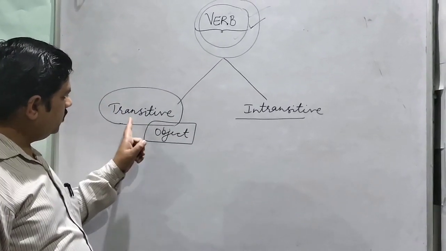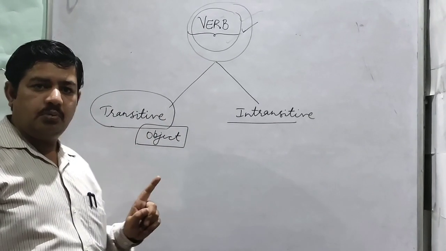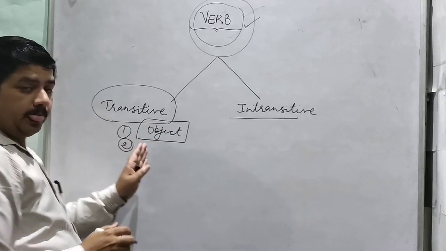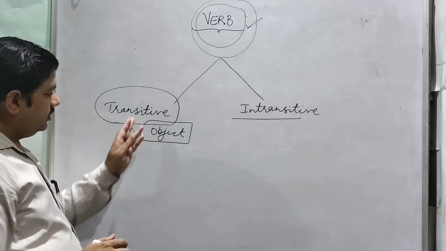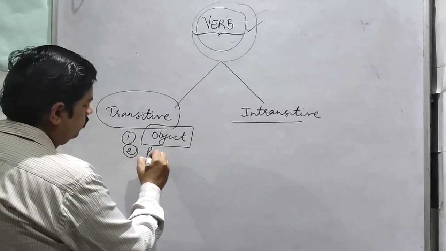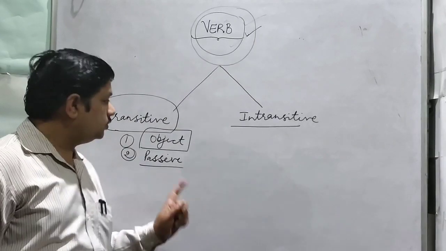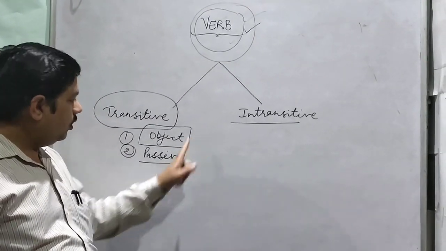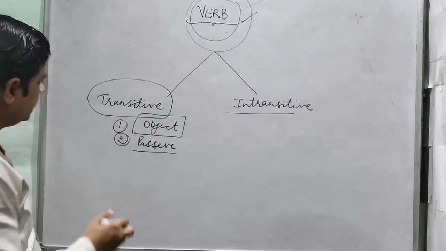And the second thing is, because of that object we are able to convert that sentence into passive form. That is also the second indication of a transitive verb. We can take an example.